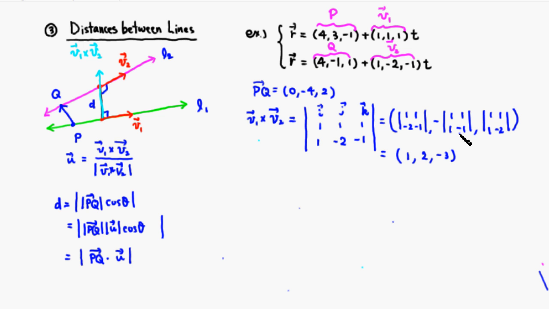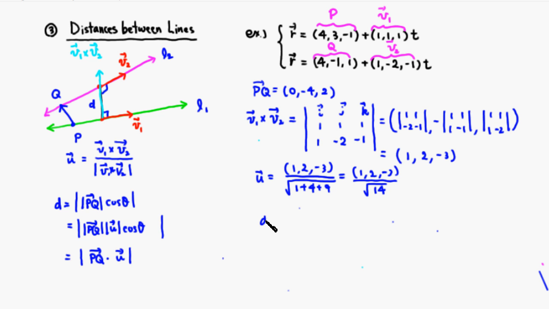So u is the same thing, but we need to divide by its length. It's the square root of 1 squared is 1, 2 squared is 4, negative 3 squared is 9, so u is (1, 2, negative 3) over square root of 14. Then we just take the dot product.